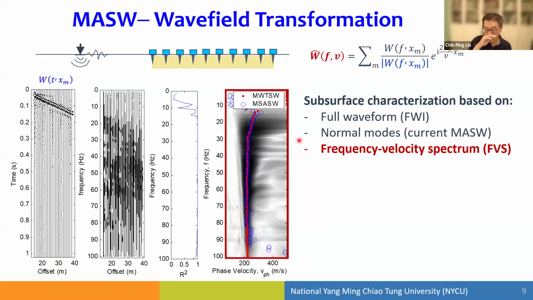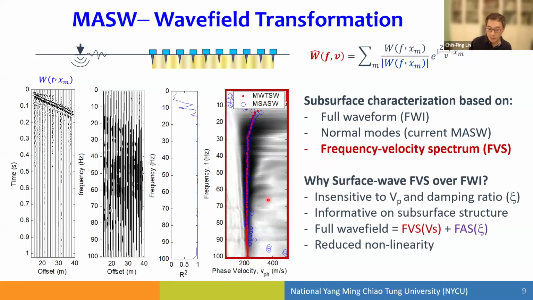So we can do a normal mode inversion to derive the velocity profile. And then it's also possible, and this is the main topic of my presentation, to use the frequency velocity spectrum. This is called the frequency velocity spectrum, and the idea is to fit the whole frequency velocity spectrum to derive the shear wave velocity profile.